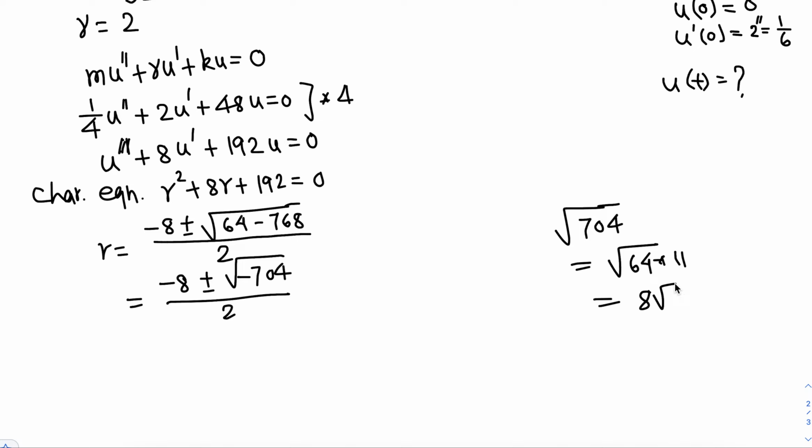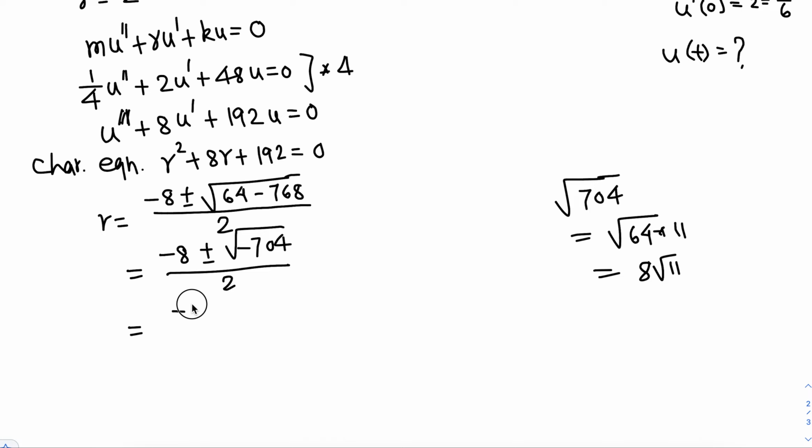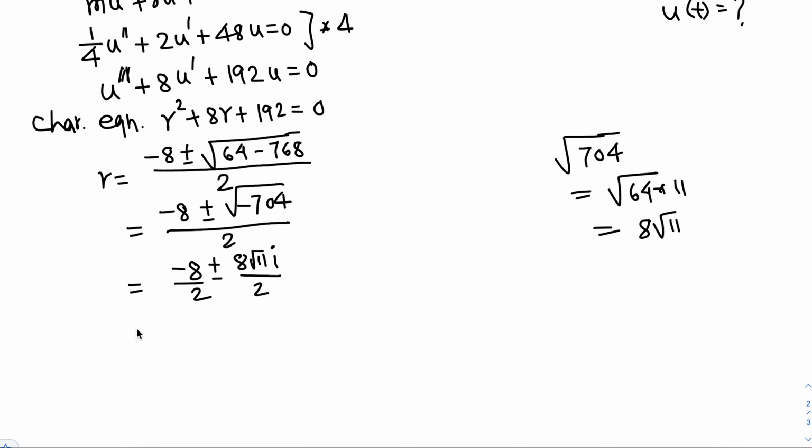So this is negative 8 plus minus, the negative means i, 8 root 11 i over 2. Over 2 we can separate into two parts, and that is negative 4 plus minus 4 root 11 i.